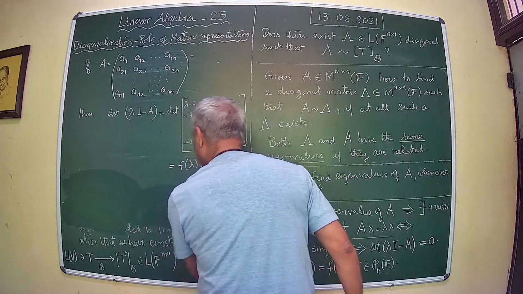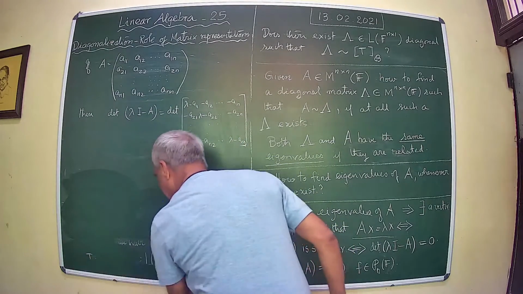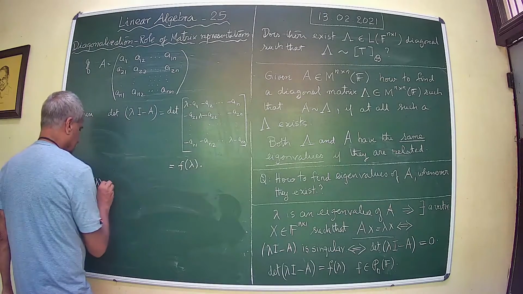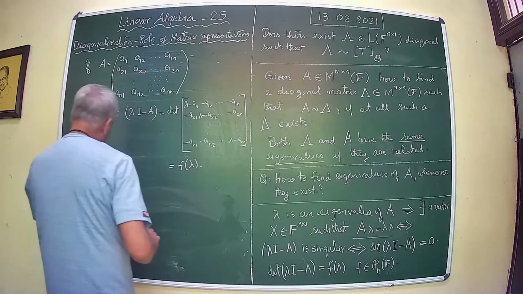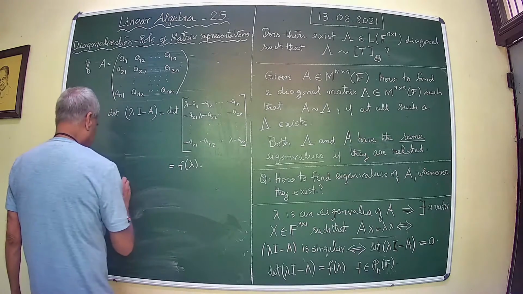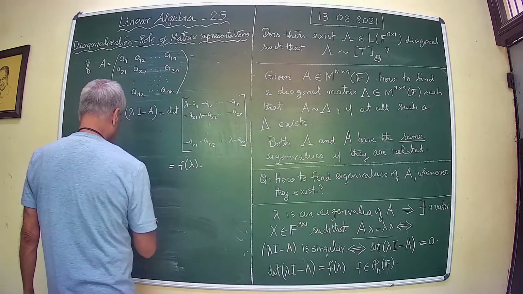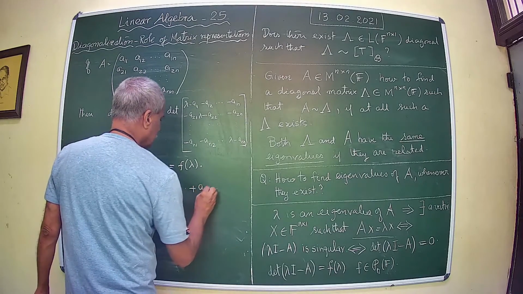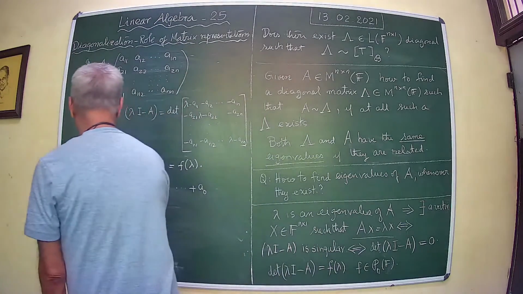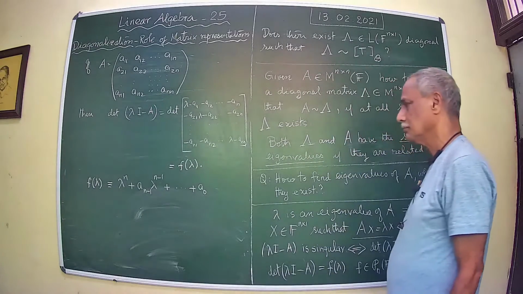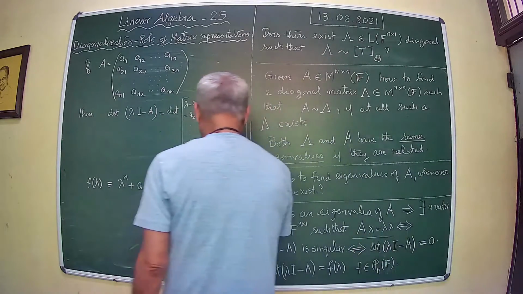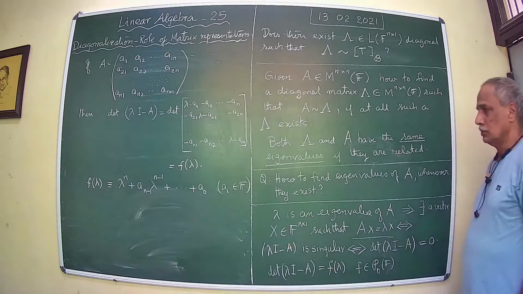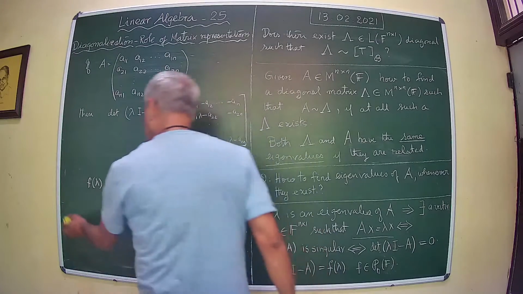So f of lambda is of the form something like f of lambda is equal to some lambda to the power n plus ... This is the form where the a_i belong to F, so the coefficients are all in F. Now what do we want to do?